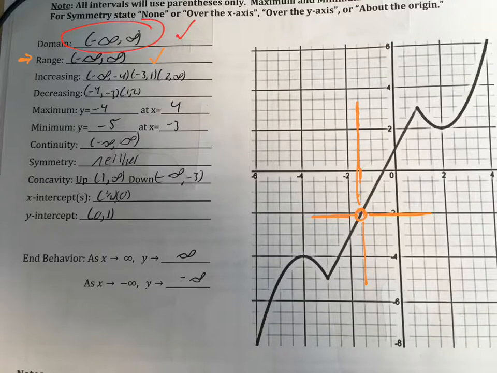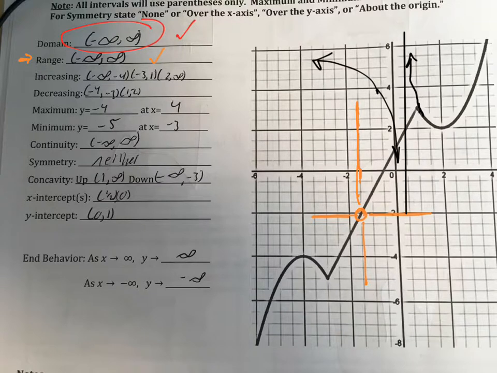There's one example that's called a hole, a removable discontinuity. There's another instance when there's a vertical asymptote or horizontal asymptote. So like if your graph did something like this, let's say that there was a line right here, you actually wouldn't see the line drawn in, but there was something like this.